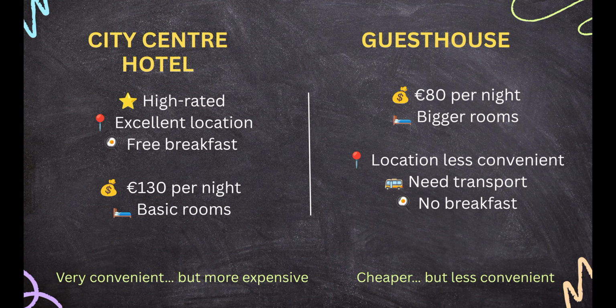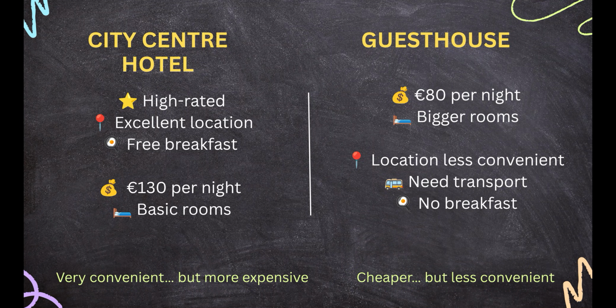But here's the catch. It's more expensive. It costs around 130 euros per night. And the rooms are quite basic, nothing too fancy. But, on the one hand, you'd be right in the middle of everything. Cafes, museums, train station. Really convenient.